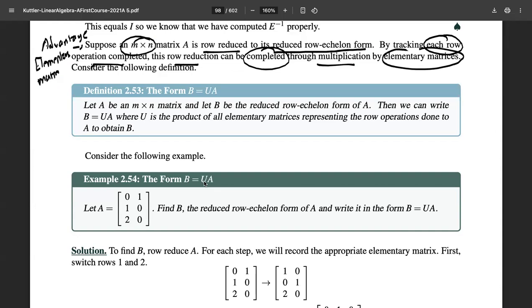So we can register the sequence of row operations that we do to matrix A to get its reduced row echelon form as a series of multiplications of elementary matrices. Essentially, if B is the reduced row echelon form of A, we can write B equal to UA, where U is the product of all elementary matrices.